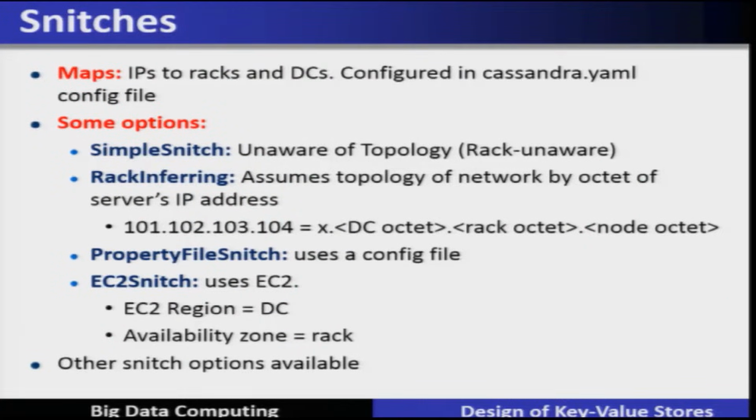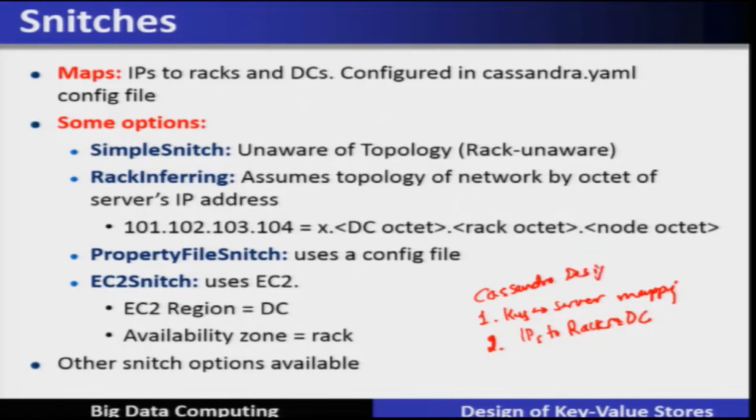Now, the next issue in this system is the mapping of IPs to the racks and data center. The first thing is about key to the server mapping, which we have seen in the previous slide.